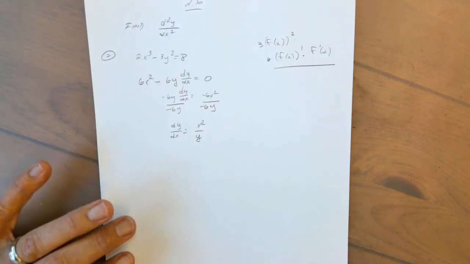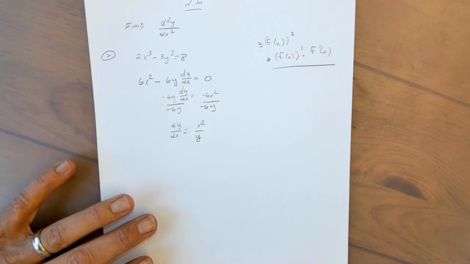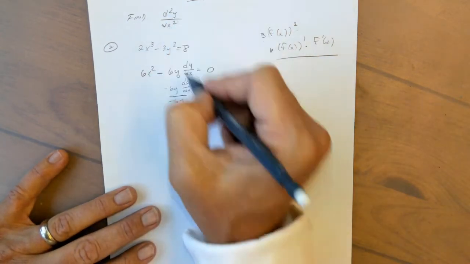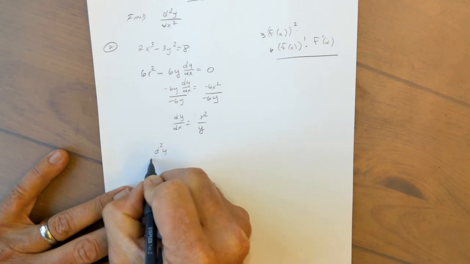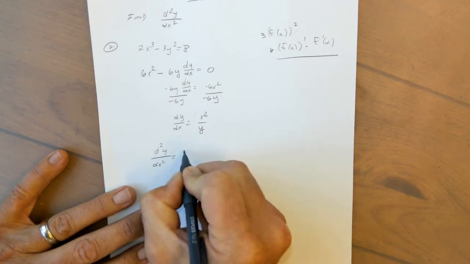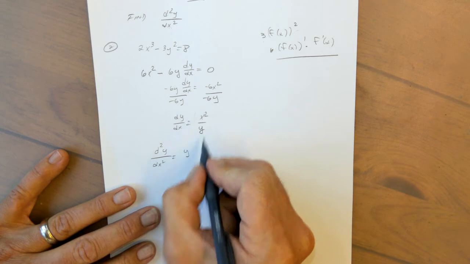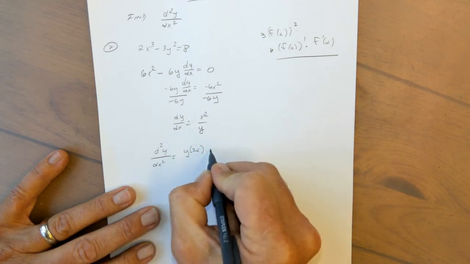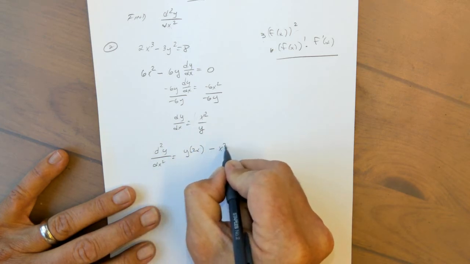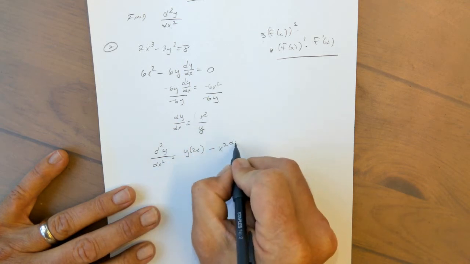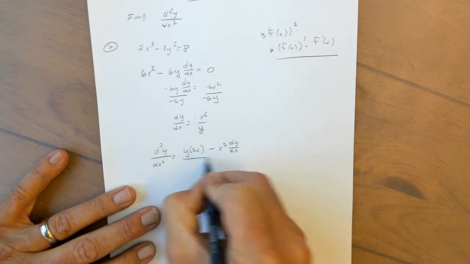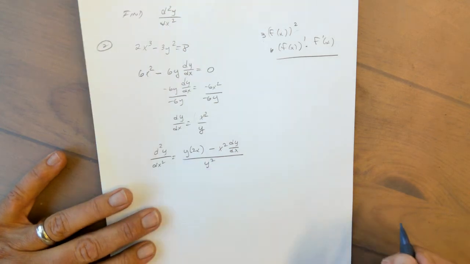Now we're going to find the second derivative. And so we're going to use our quotient rule. So d squared y/dx squared. So we have y, the denominator, times the derivative of the numerator, which is 2x, minus the numerator. Now the derivative of the denominator y is just dy/dx, divided by the denominator squared.